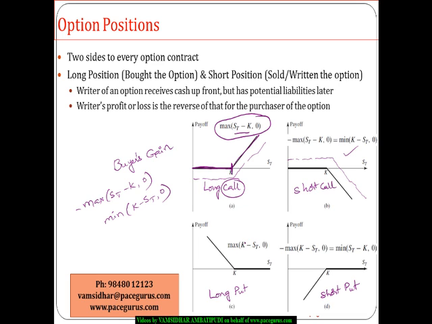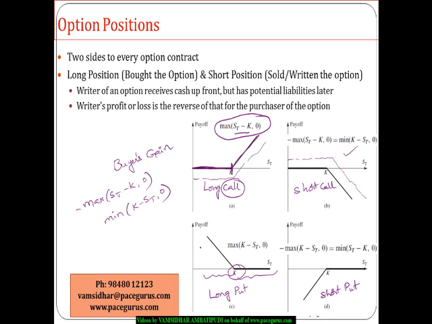Similarly, when I look at the long put position, if the market price is greater than the strike price, the holder of the put option will prefer selling at the market price itself. Only when the market price goes below the strike price will he sell at the strike price, because he already has an option to sell at the strike price.